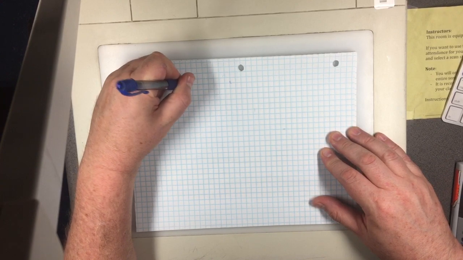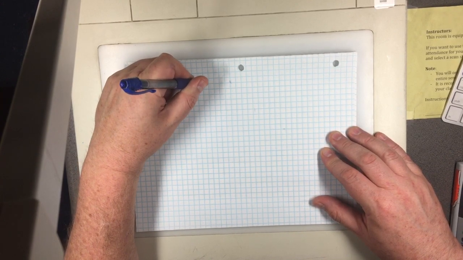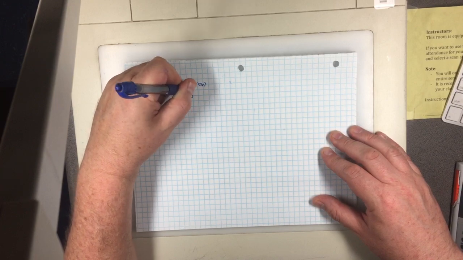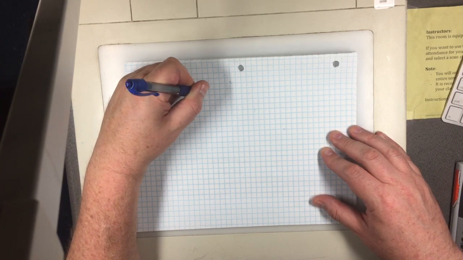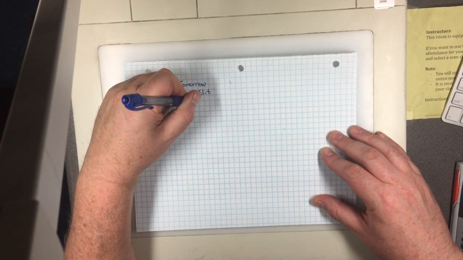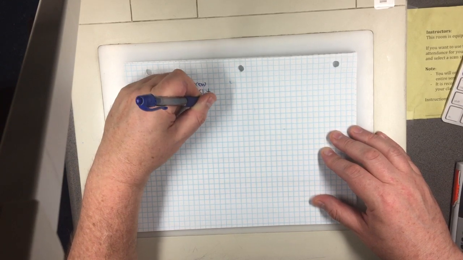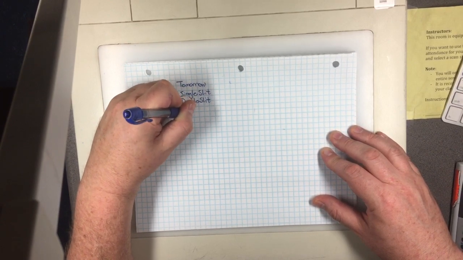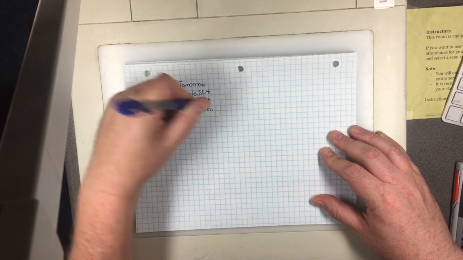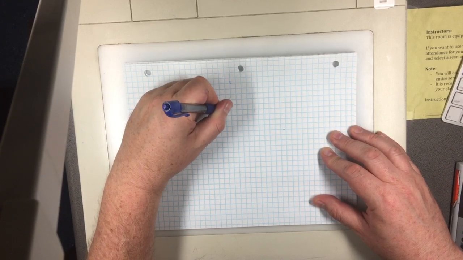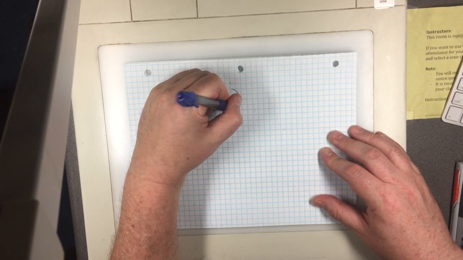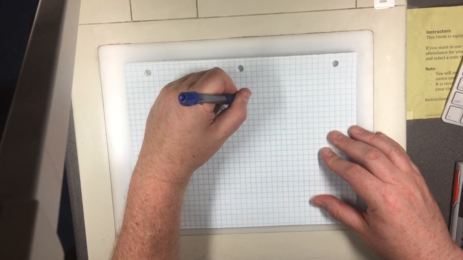Tomorrow we will cover single slit, double slit, diffraction grating, and these are all of the subject called diffraction.